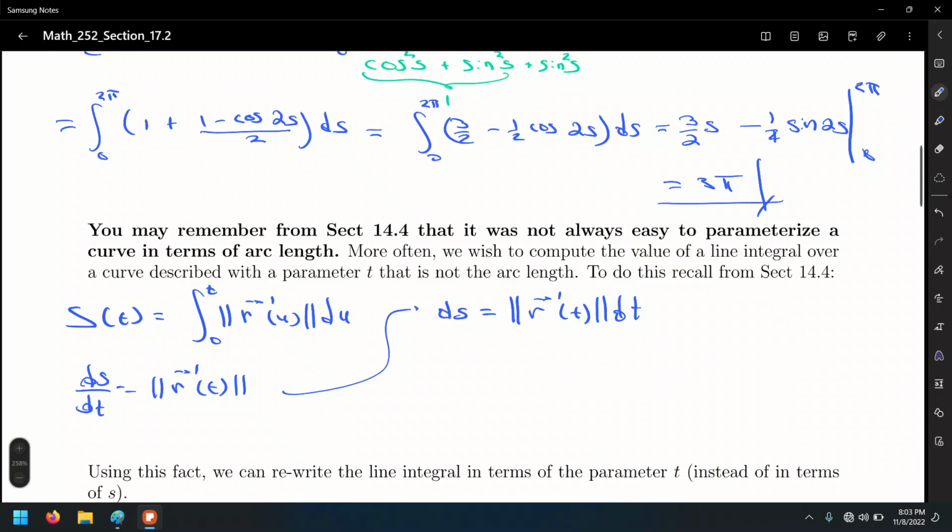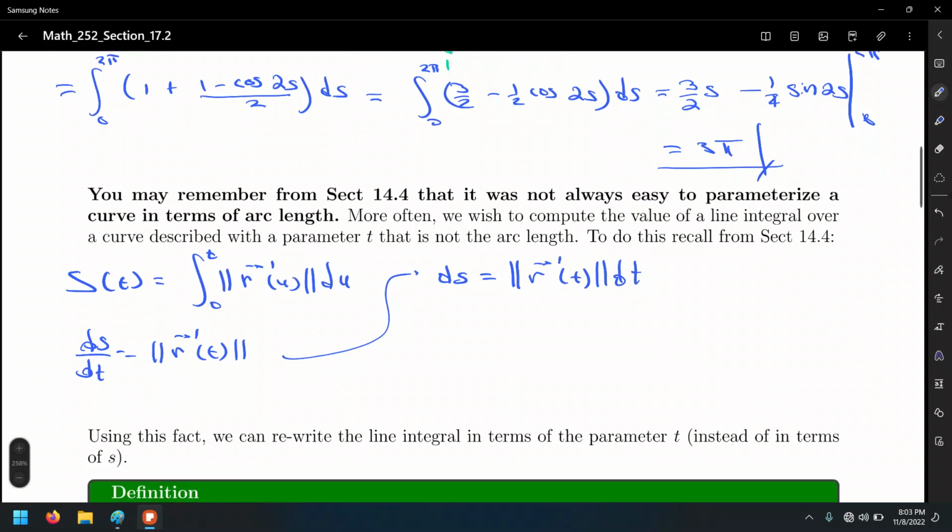And in this case, we will not have the need of reparameterizing a function in terms of s to later have to integrate like the previous example. So having a function of t, take the derivative of the vector valued function, find its magnitude, and just reintroduce this.